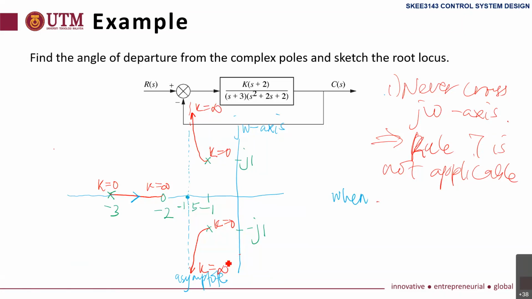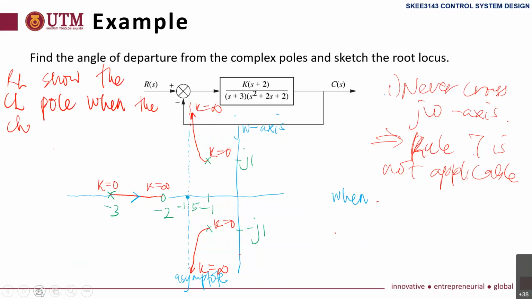Again, I want to say the root locus shows the closed loop poles when K, the gain, changes from 0 to infinity.